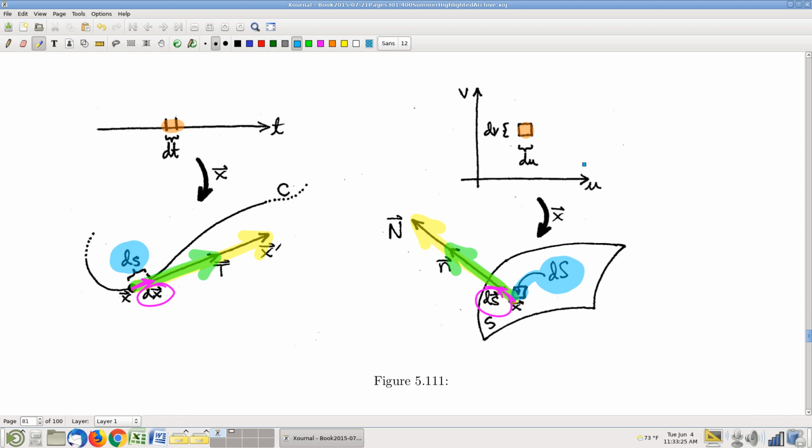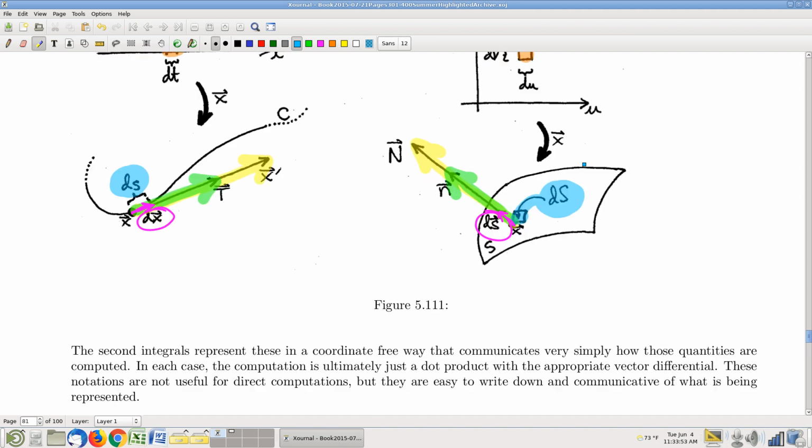This dx vector is the unit vector orientation times the size differential ds. Likewise over here, the ds vector is unit vector orientation times size differential. Same pattern. I mean, it's weird. Everybody see what I'm talking about? It's very strong analogies here.